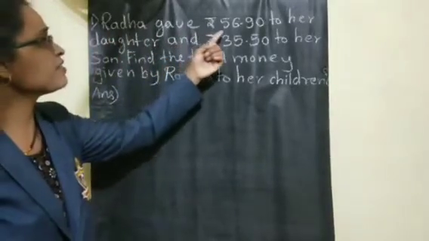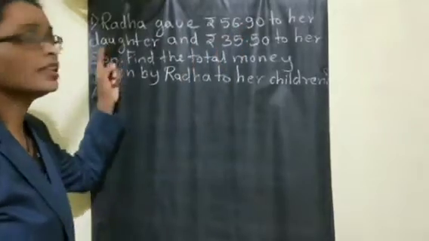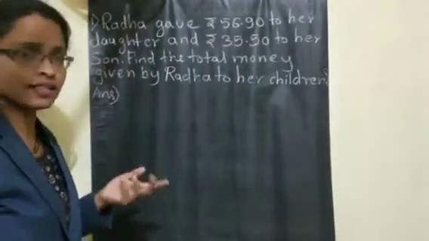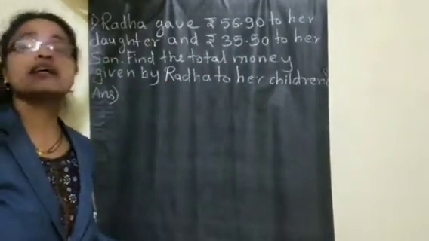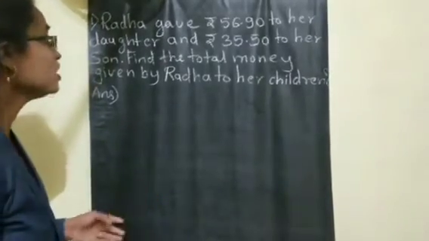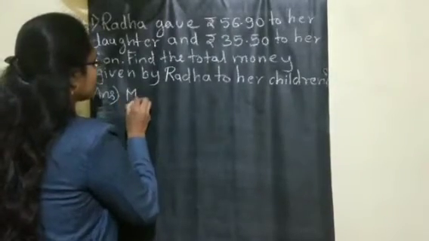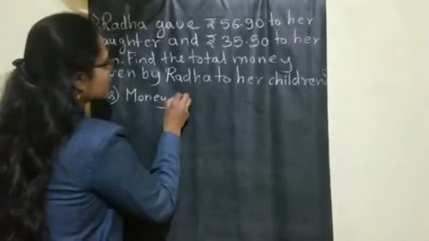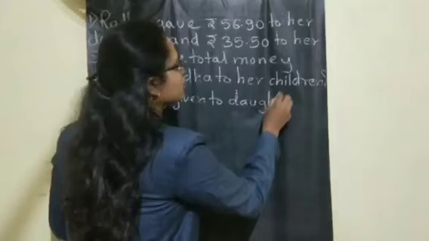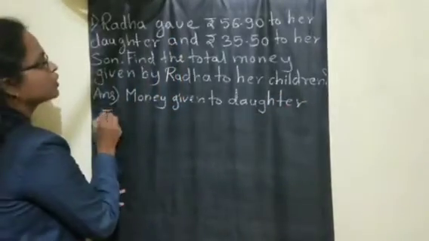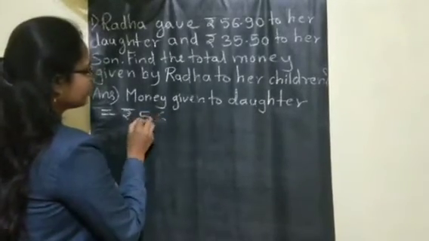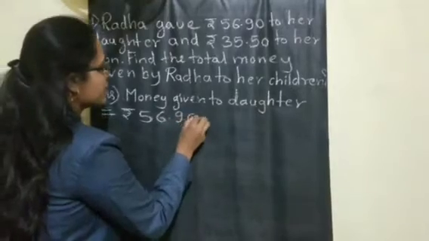Radha gave rupees 56.90 to her daughter and rupees 35.50 to her son. Find the total money given by Radha to her children. So Radha gave rupees 56.90 to her daughter. So we can write: money given to daughter is equal to rupees 56.90.